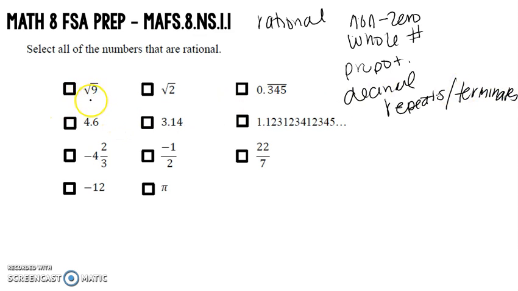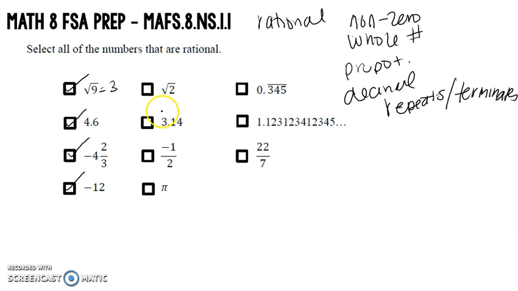The square root of 9. Well, the square root of 9 is 3, and 3 is a whole number, so that's rational. 4.6 is a decimal that terminates, so that's rational. Negative 4 2/3. 2/3 repeats itself, so that's rational. Negative 12 is a whole number, so that's rational.